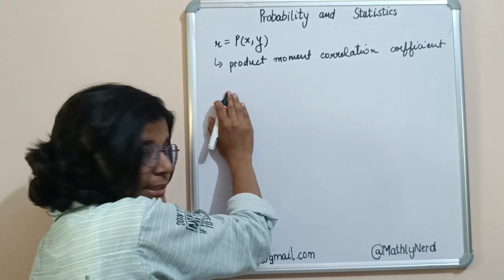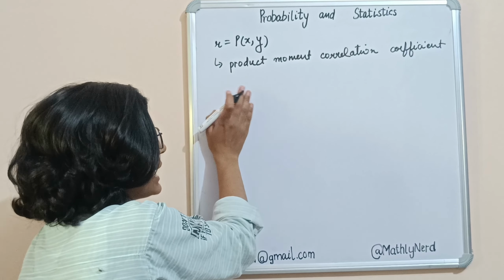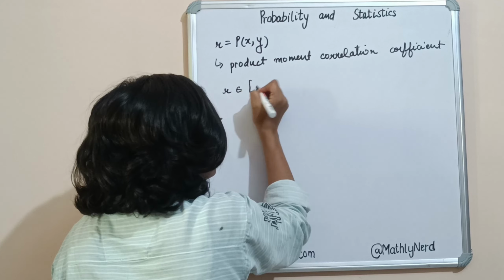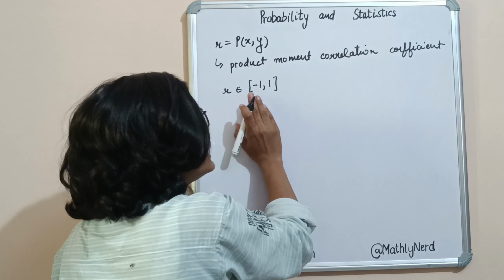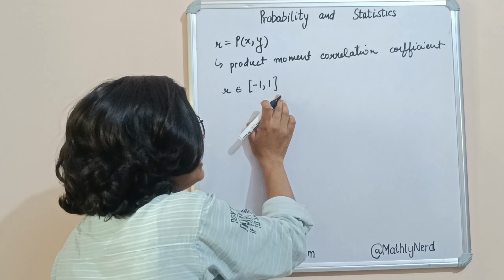It only tells us about linear relationship between x and y. r lies between -1 and 1, closed bracket. That means it can also take values -1 and 1.